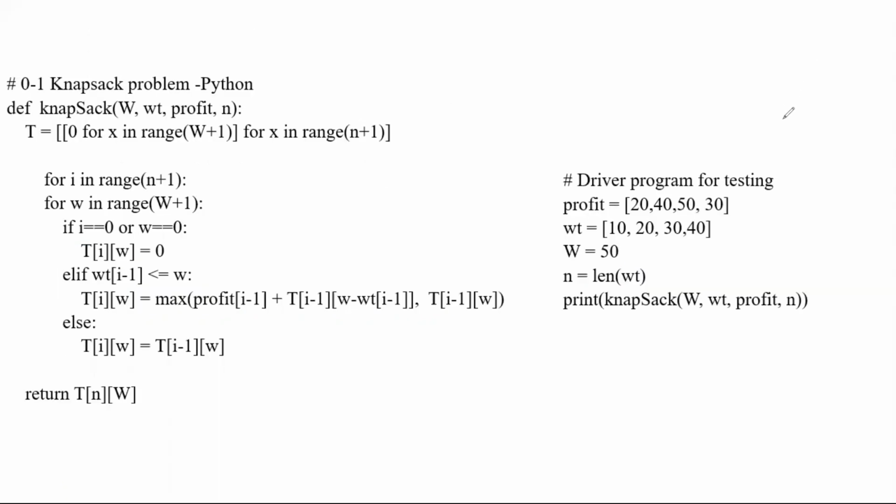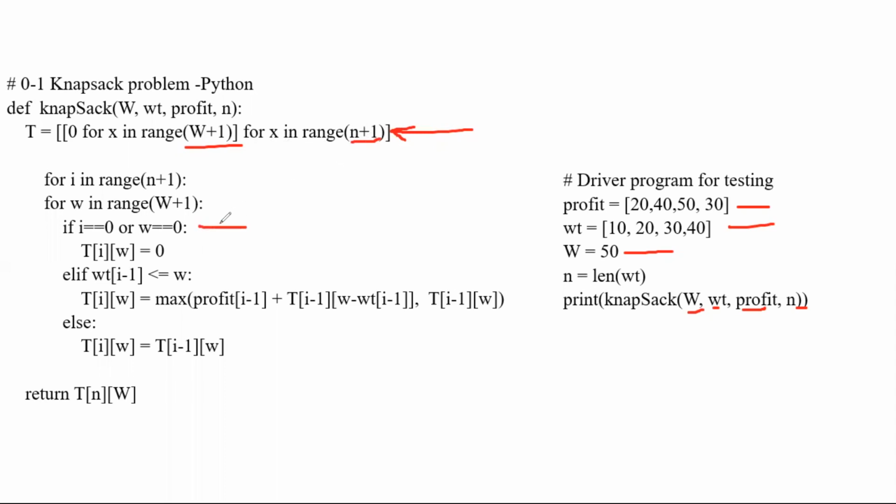This is the Python code for the 0-1 knapsack problem using dynamic programming. We have the two lists and the knapsack capacity. We pass to the knapsack function the capacity of the knapsack and the lists of weights and profits, and in here we create the table of size n plus 1 by W plus 1.